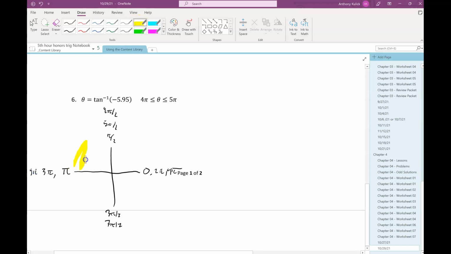So 4 pi to 5 pi was one of these two quadrants. So far, so good? Okay.